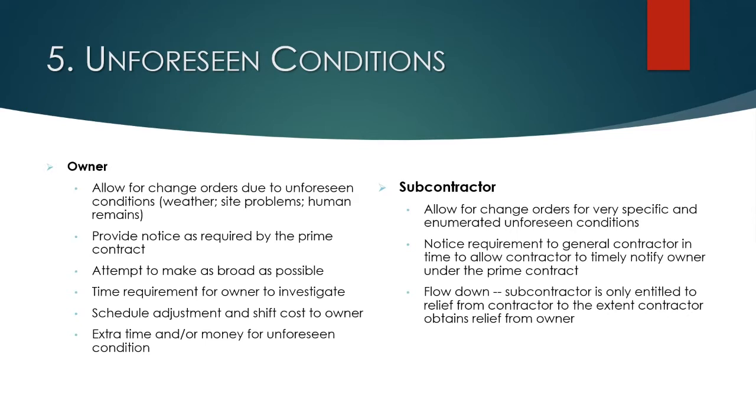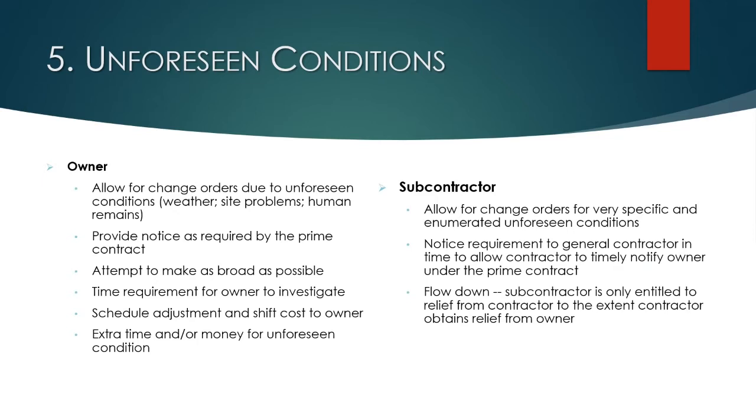As it relates to the subcontractor and your contract with them, we want to be as specific as possible there. And those unforeseen conditions need to be enumerated. It can't be, and some of you on the webinar may have seen this before, any cause outside of the control of the subcontractor. No, we don't want that.